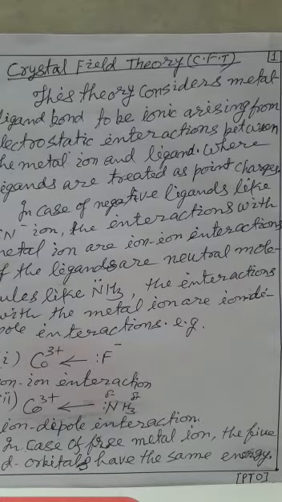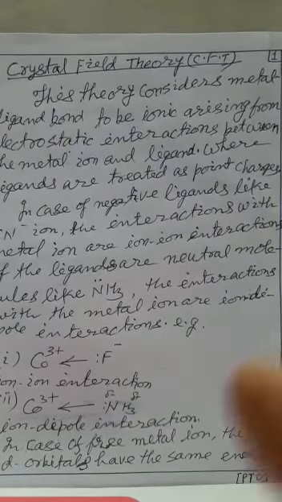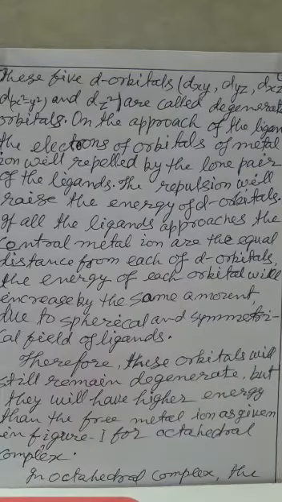In case of a free metal ion, the 5 d orbitals have the same energy. These 5 d orbitals dxy, dyz, dxz, dx square minus y square and dz square are called degenerate orbitals. On the approach of ligands, the electrons of the orbitals of the metal ion will be repelled by the lone pair of the ligands.